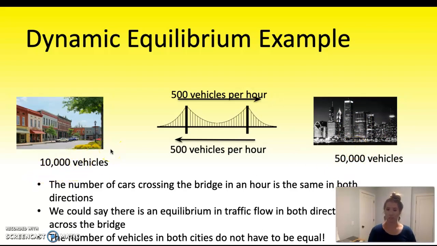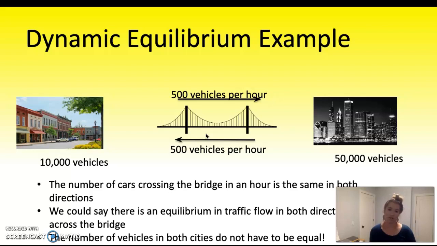But if on this bridge, this connection between the two, we have 500 vehicles going to the big city and 500 vehicles going to the small town, this is always increasing by 500, but it's always losing by 500 at the same rate, okay? So the rate that the reactant is becoming the product and the product is becoming the reactant, they're the same. They're both 500. And so it has reached equilibrium.